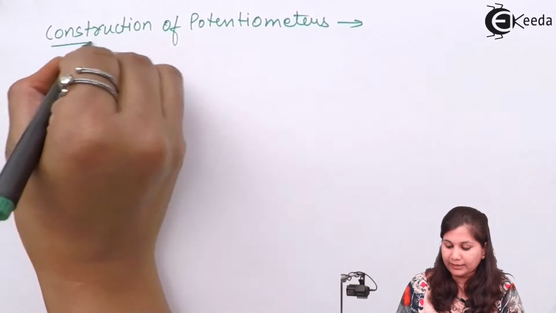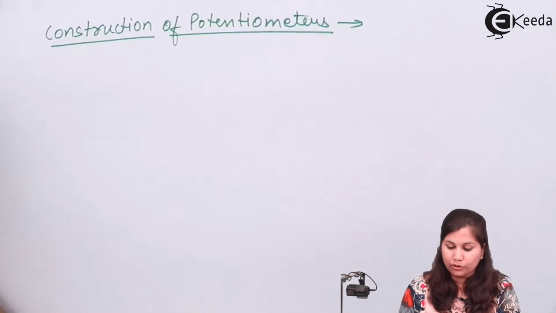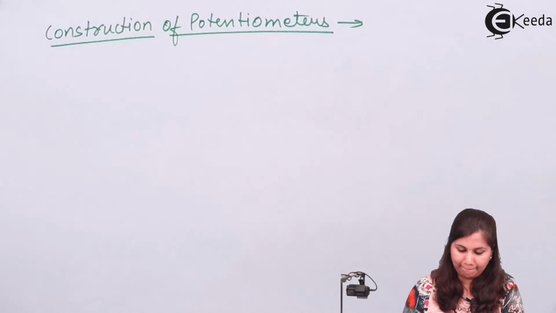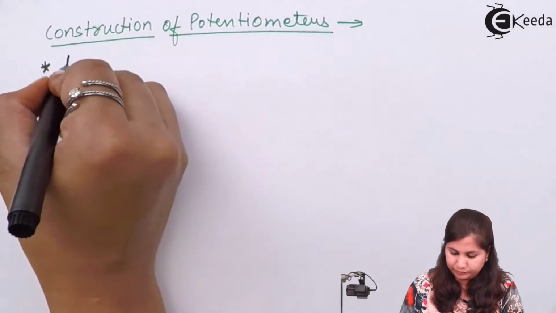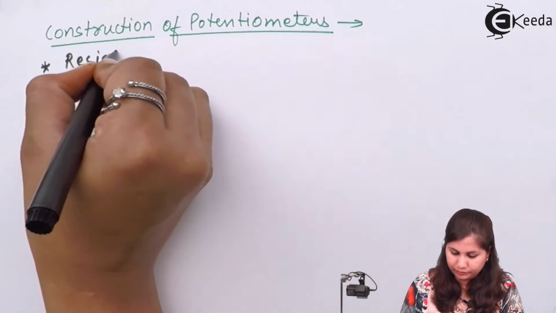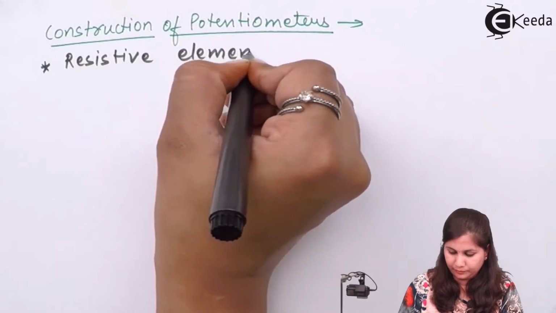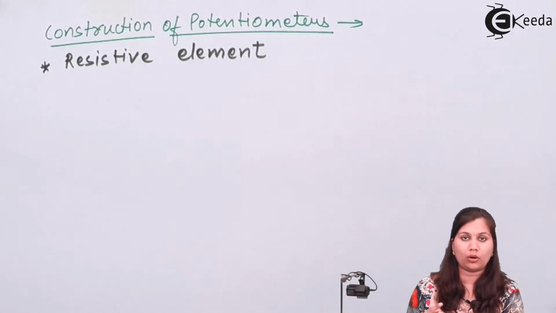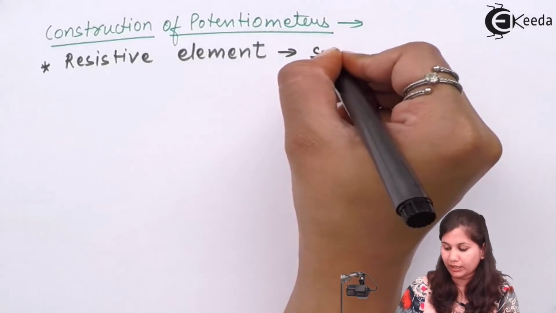You have seen here that in potentiometers, a resistive element is wound across a mandrel. The resistive element which is wound across the mandrel is a single wire of conducting material.